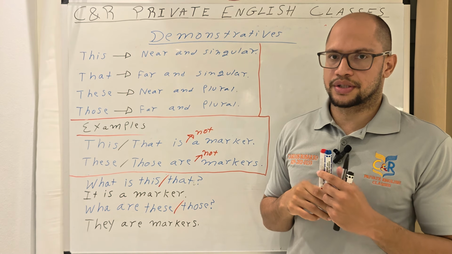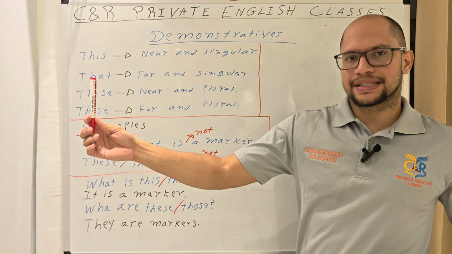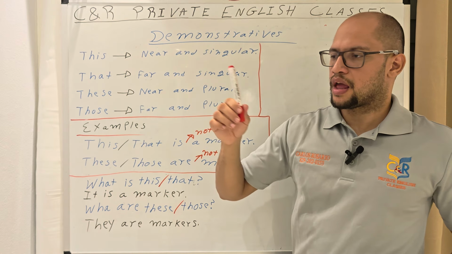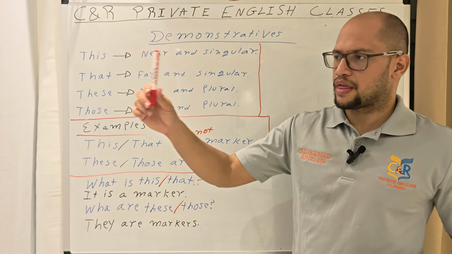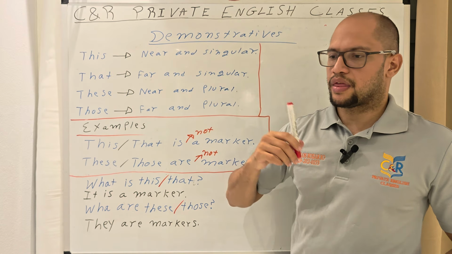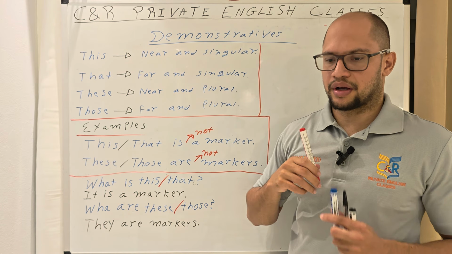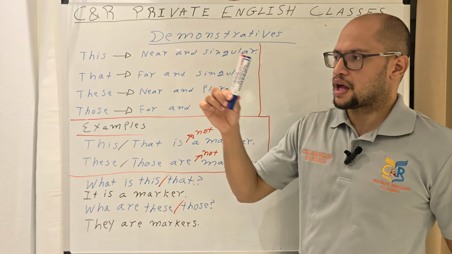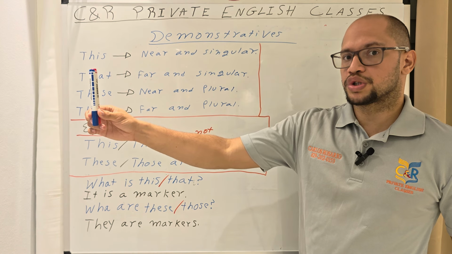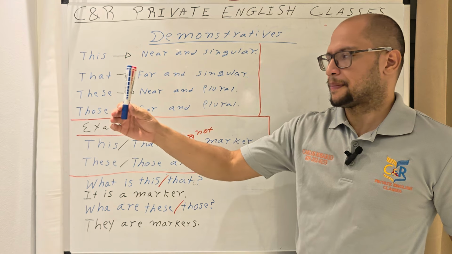These are markers. That is a marker. This is a marker. That is a marker. These are markers. Those are markers.